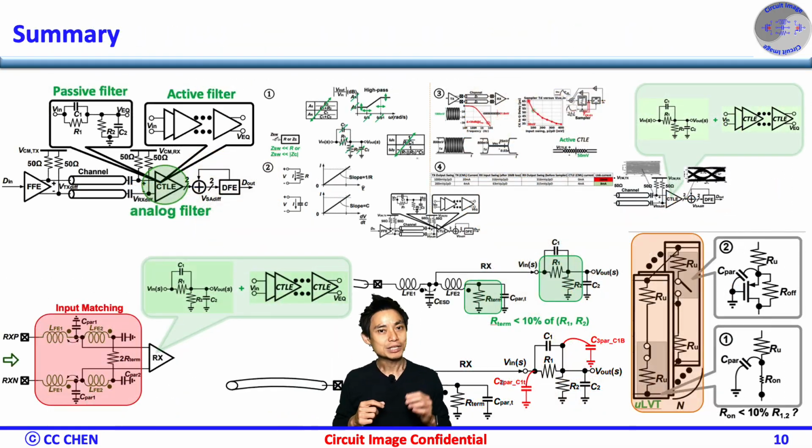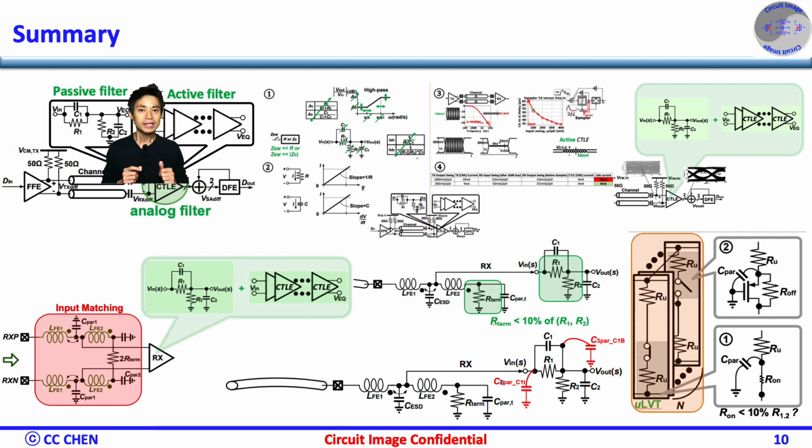Here is the summarized image of why we need a hybrid CTLE. We've known the corresponding advantages image of the active and passive CTLE respectively. Why don't we combine both advantages by putting both CTLEs together to achieve the best equalization performance?